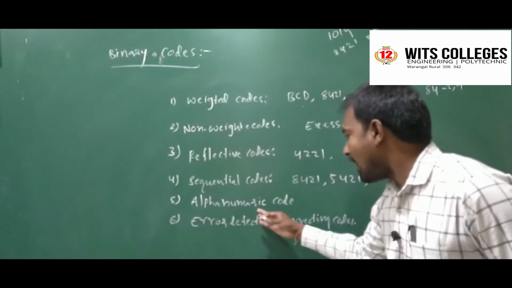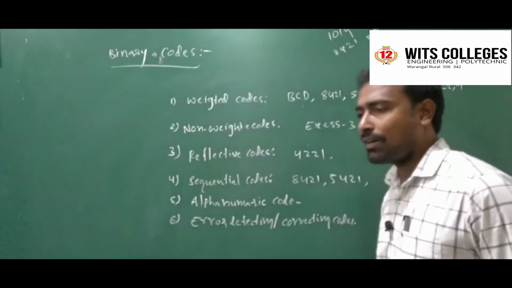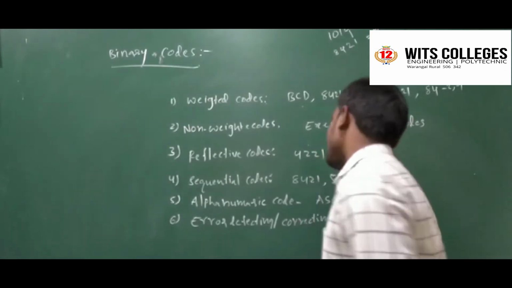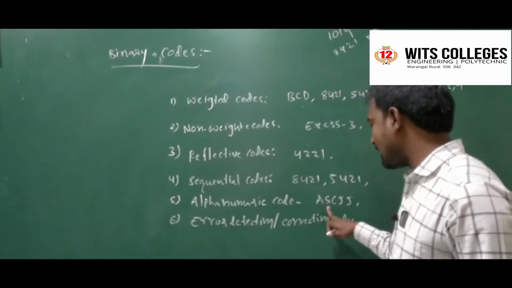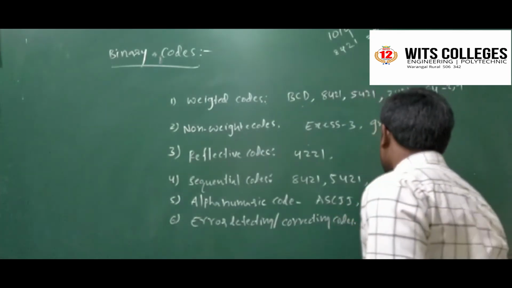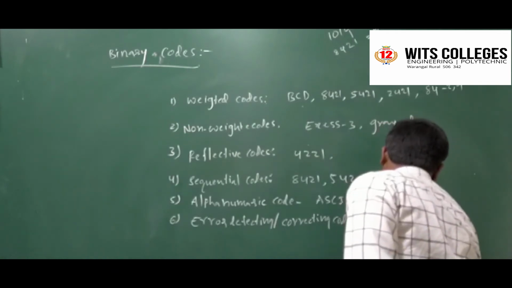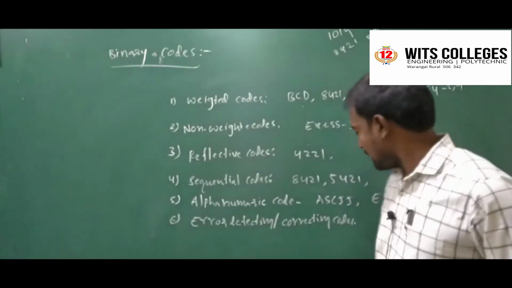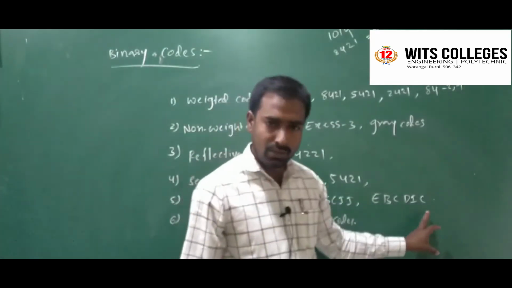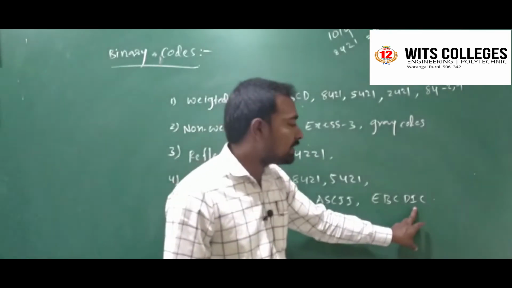Coming to alphanumeric codes, these are like ASCII, the American Standard Code for Information Interchange, and EBCDIC, the Extended Binary Coded Decimal Interchange Code.